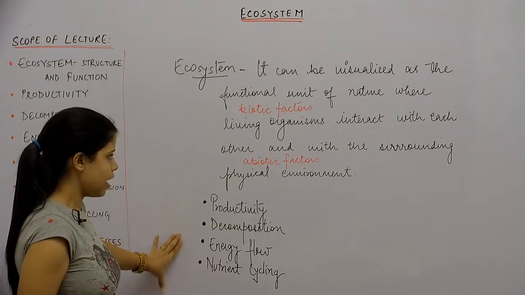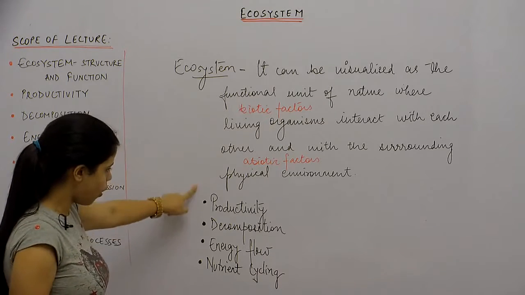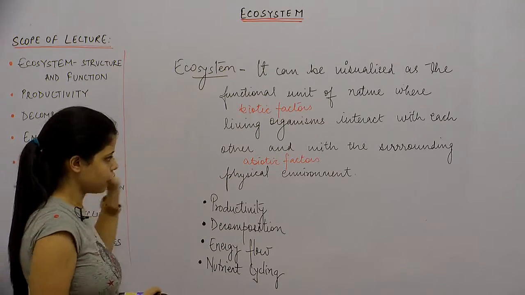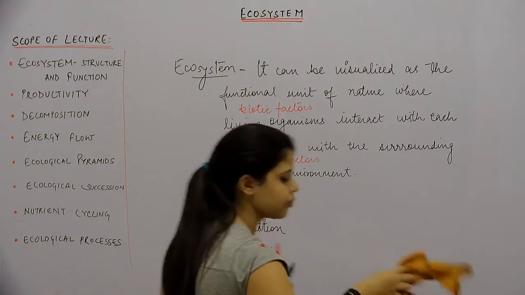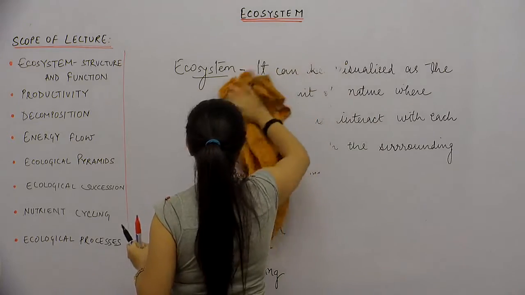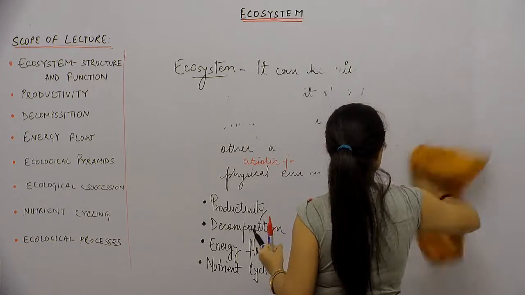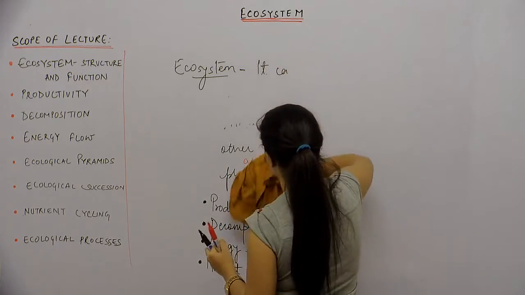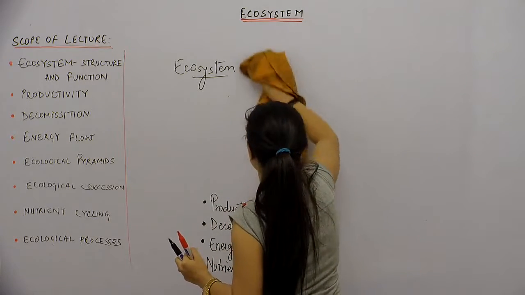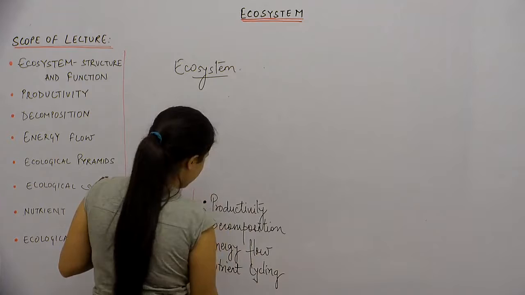So, let me give you an example of an ecosystem that you all know, and we'll get to know how these aspects become important for the ecosystem to function. So these are the four aspects we are talking about, right?